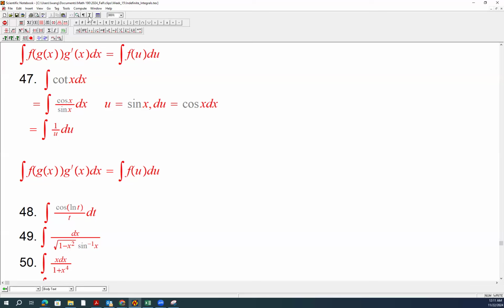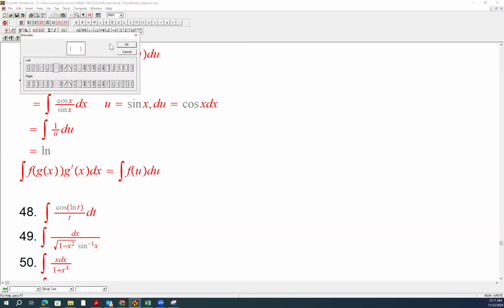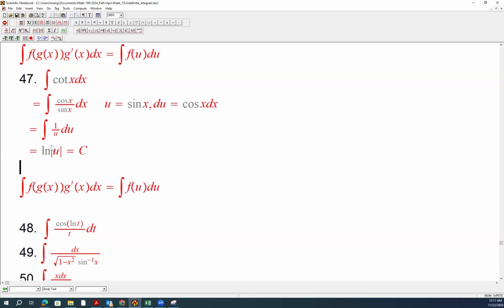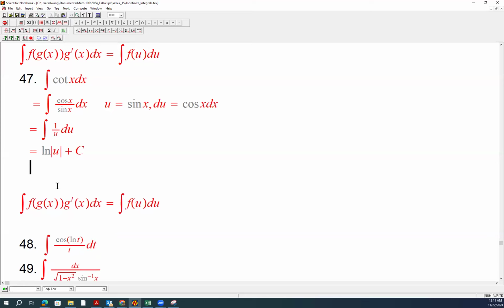And the answer is going to be ln of the absolute value of u, plus c. Oops, not equals c. Why do I do that all the time? Last step: substitute u by sine x. Can we drop the absolute value here? The answer is no, because sine x can be positive or negative. We cannot drop it.